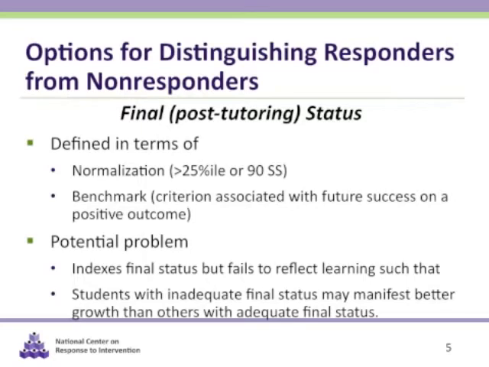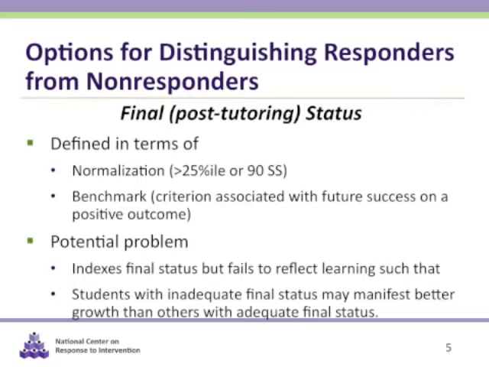In some measurement systems, it's also possible to define final status at the end of tutoring in terms of a benchmark or a criterion that is associated with future success on an important outcome.